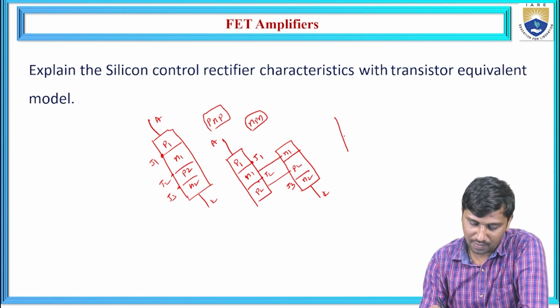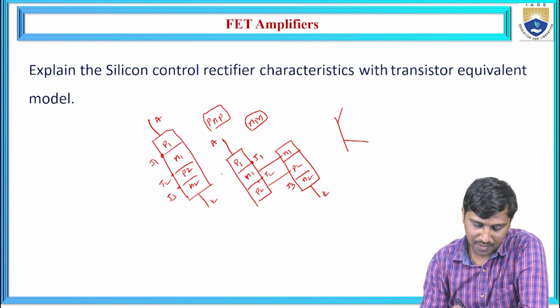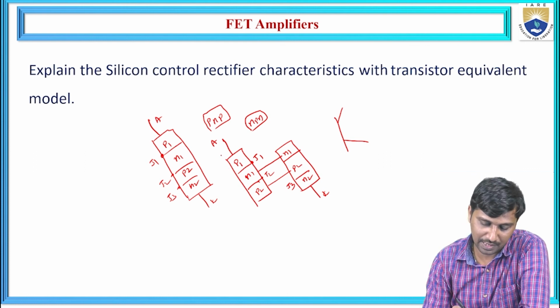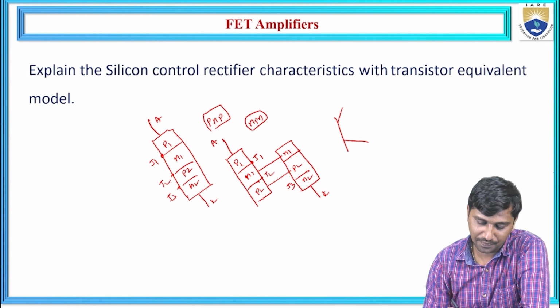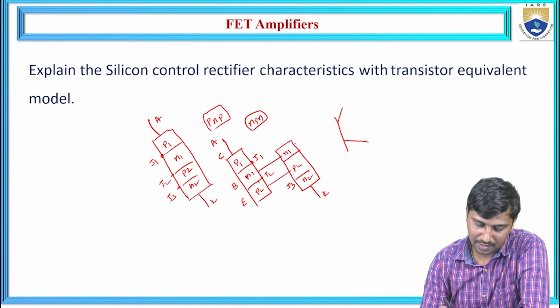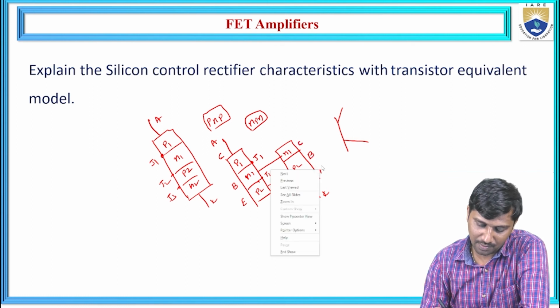So here we have the PNP transistor, with anode P, N and P. Let us say these are the collector, base and emitter. Similarly, for the NPN transistor, this is the base, this is the collector and emitter.